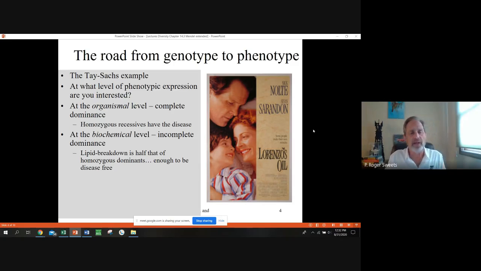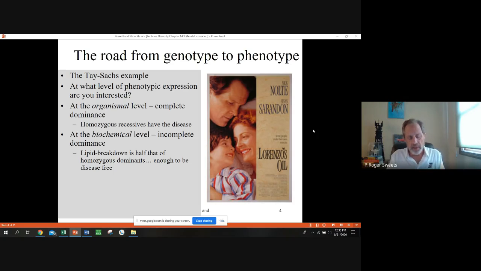Now, at the biochemical level, we might think of this as incomplete dominance, because here's what actually happens in this disease. If you don't have Tay-Sachs disease, a normal allele is going to break down a type of lipid, which is a kind of fat, which we'll learn about more in your next semester, but which can actually glom up some of the input-output systems of your nervous system.